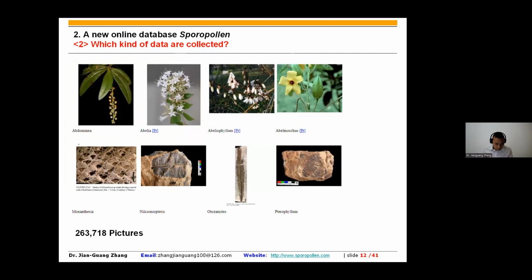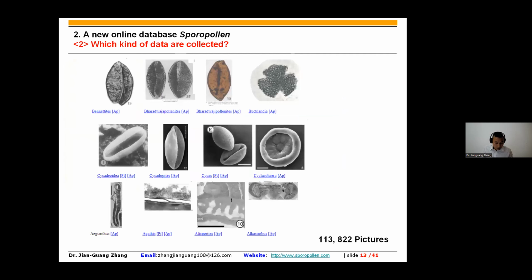Different kinds of data are collected. For example, about 270,000 extant and fossil plant pictures are collected. About 114,000 spores and pollen pictures are collected.